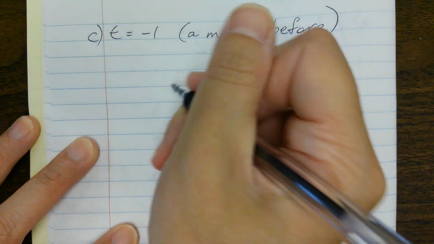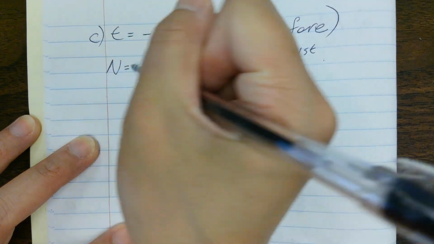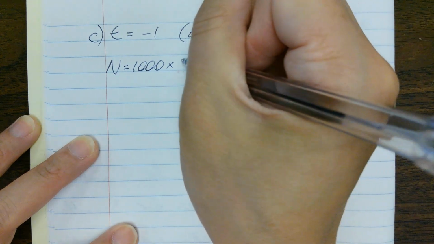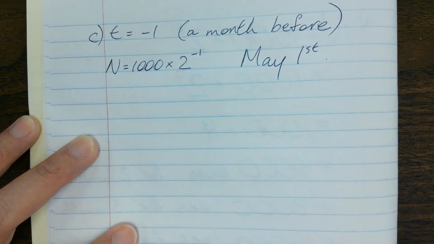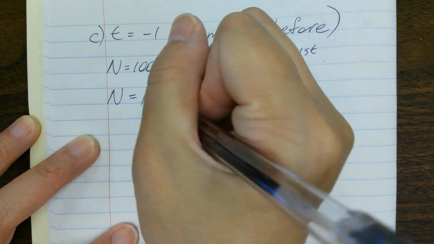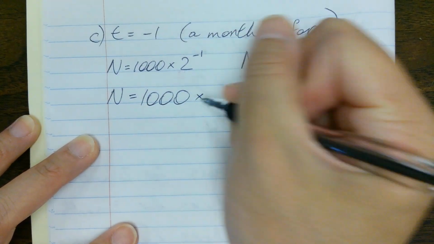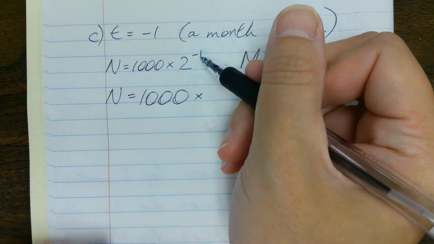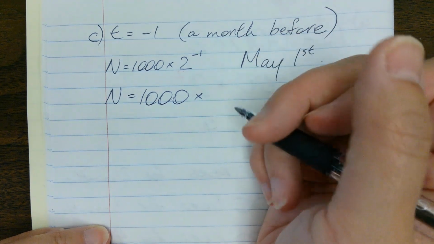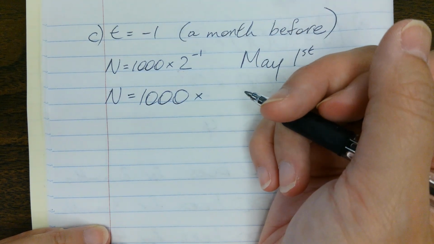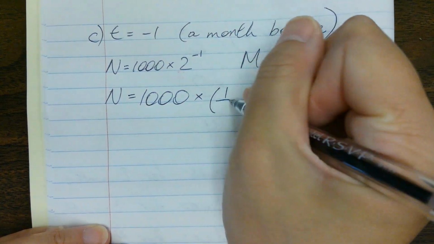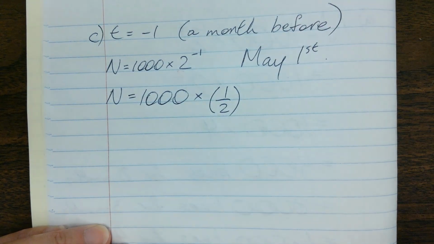Okay, and using exponent rules that we know, 1,000 times 2 to the -1. Let's work this out. Although I know you guys know the answer right away, but we'll do this for the sake of the lesson. 2 to the power of -1, what does that equal? Remember, flip the base? 1 over 2, to the exponent 1, which is just the same thing.